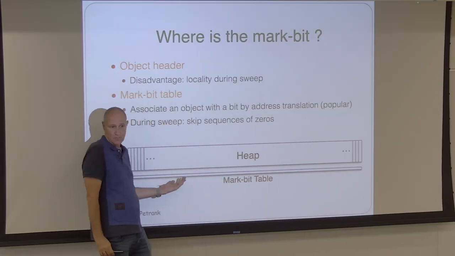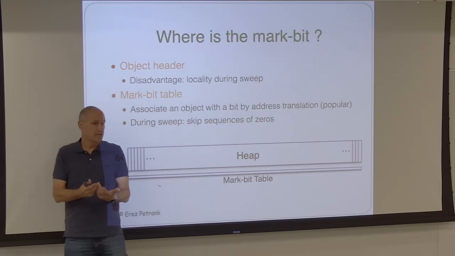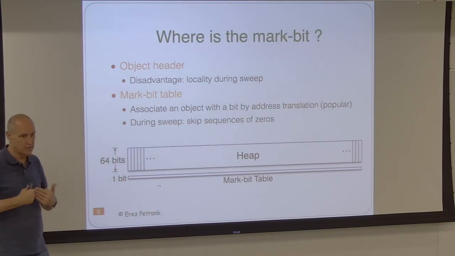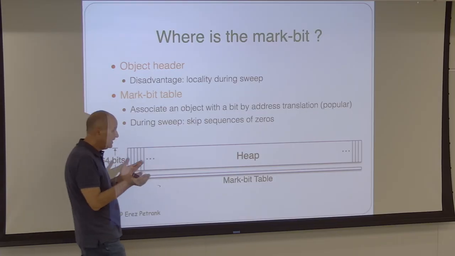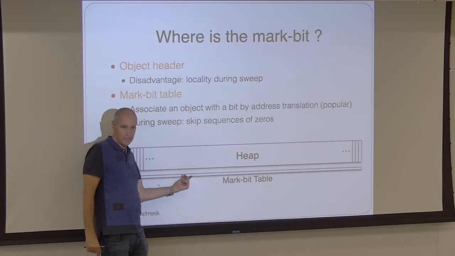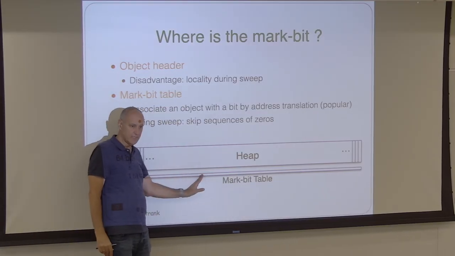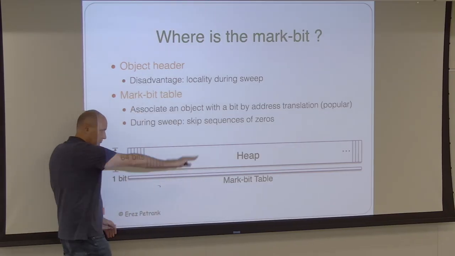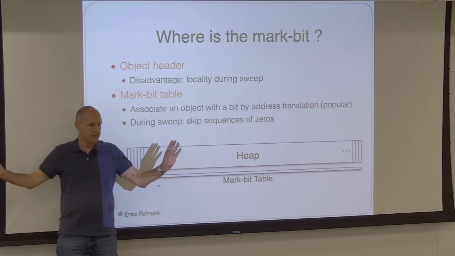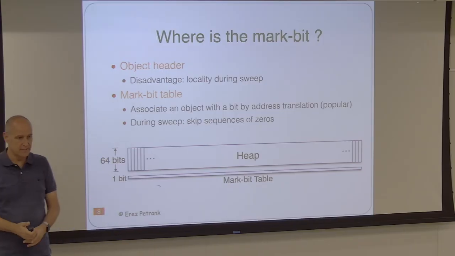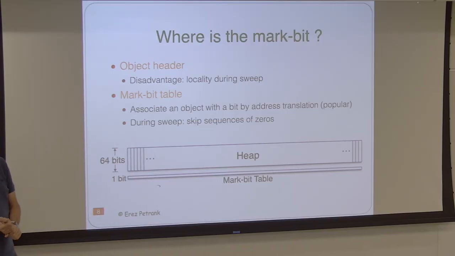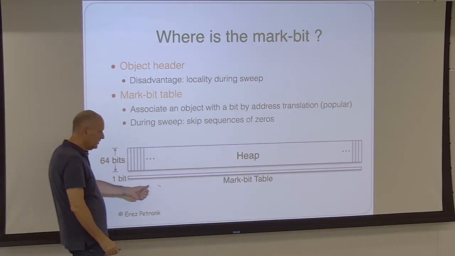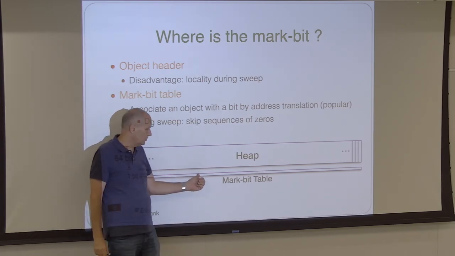I could clean them, I could not clean them. For the next collection, I will want it to be completely clean. So I may do it when I'm done with an area, just clean the bit here, or at the beginning of a collection, I could go over the mark bit table and clear all the space there to 0. That's a decision you can make, but it's not used during allocation, just during sweep.